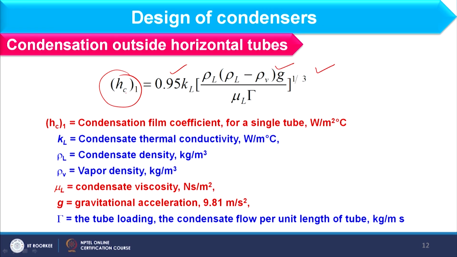So, if you consider hc1, hc1 is basically the condensation film coefficient for a single tube. Okay. So, here what am I considering? I am considering that condensation is occurring only on a single tube. It means no other tubes are available. Okay. We have a single tube, just vapor is passing over that and condensation is occurring.